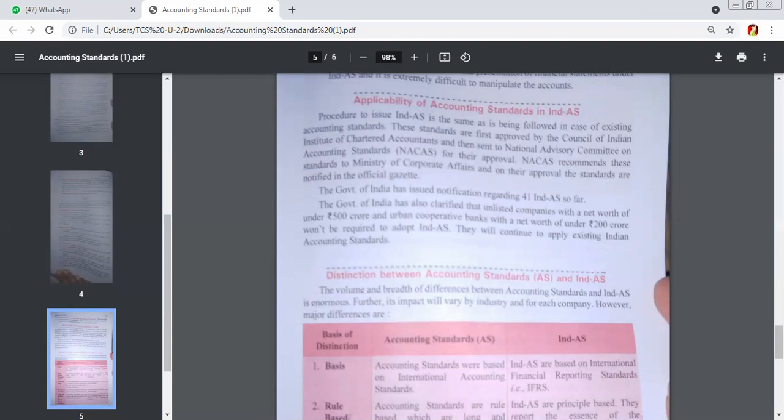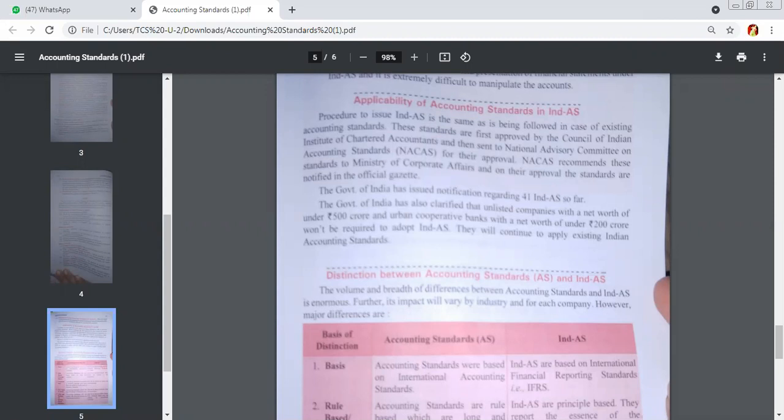And then it is sent to the National Advisory Committee on Accounting Standards for their approval.